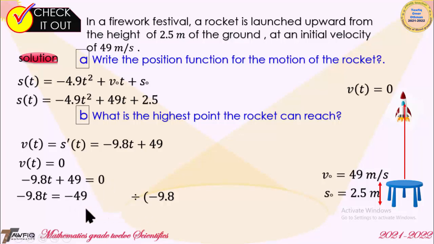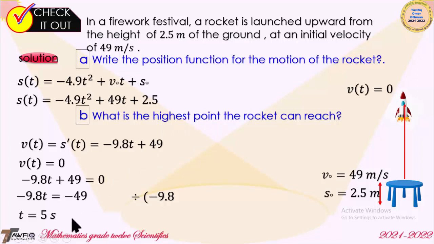Divide both sides by minus 9.8, then t is equal to 5 seconds. That means after 5 seconds the rocket reached the highest point. And now we want to find the highest point, not the time.